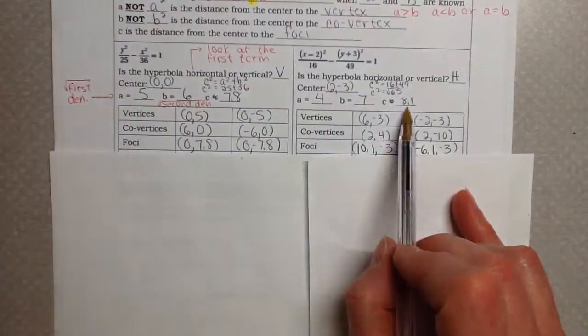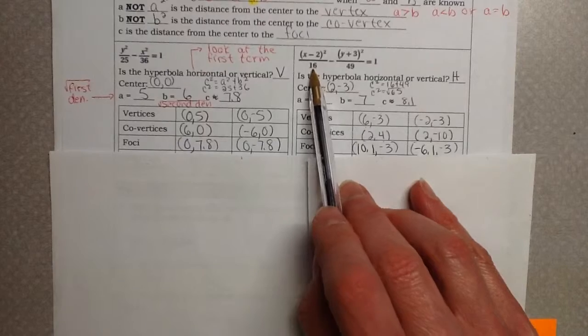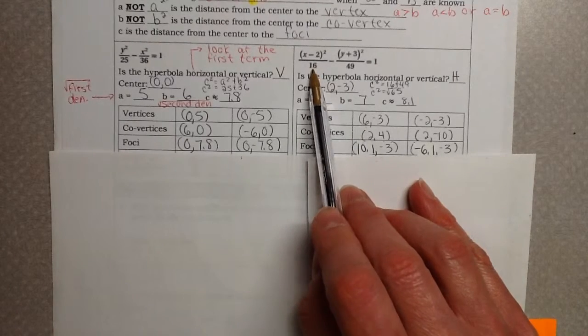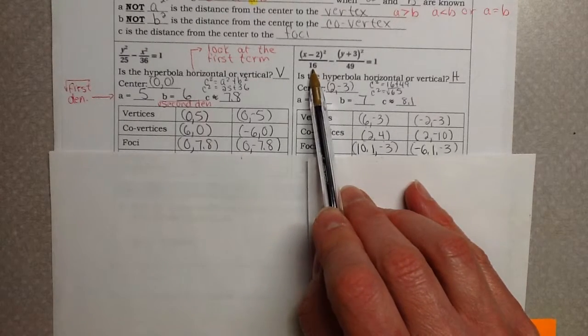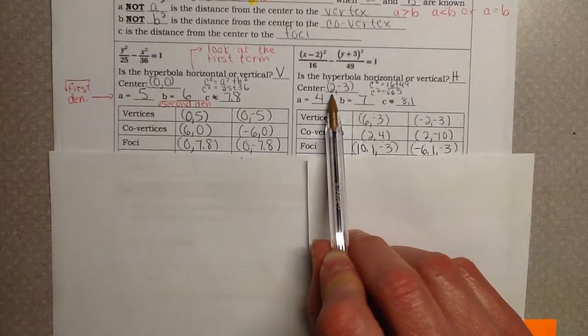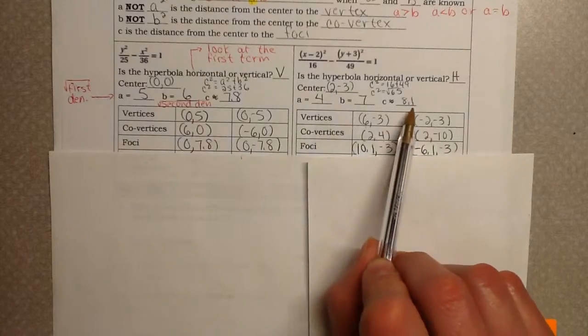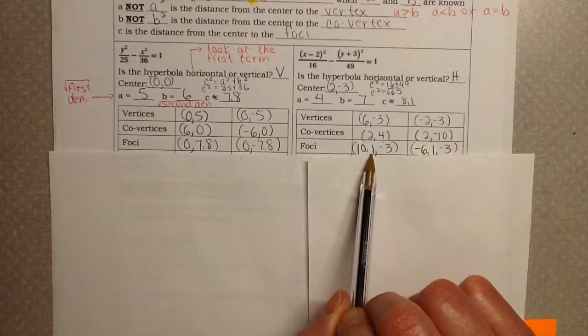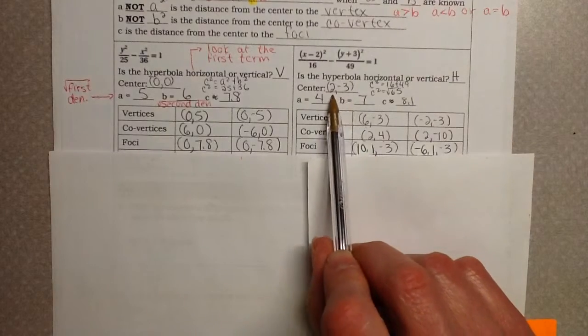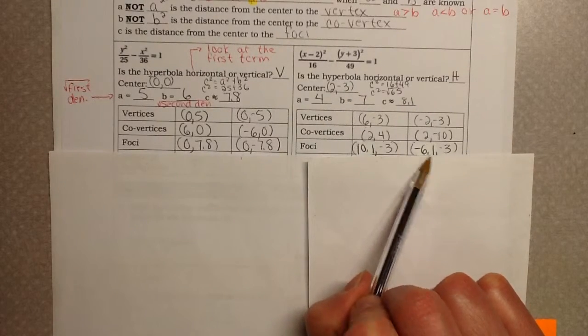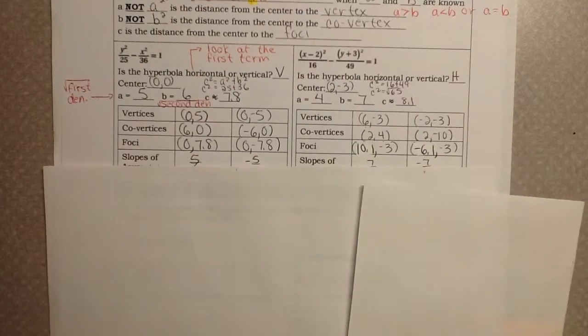And then, since the x is first, that's where the vertices are and also where the foci will be. So we're going to add and subtract 8.1 from the x coordinate of our center. So adding 8.1, we'll get 10.1. The y stays the same. Subtracting 8.1, we get -6.1, and the y stays the same.